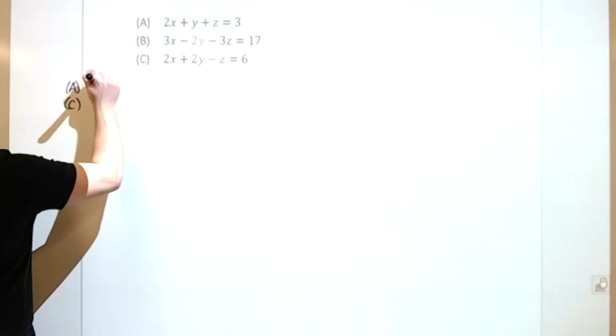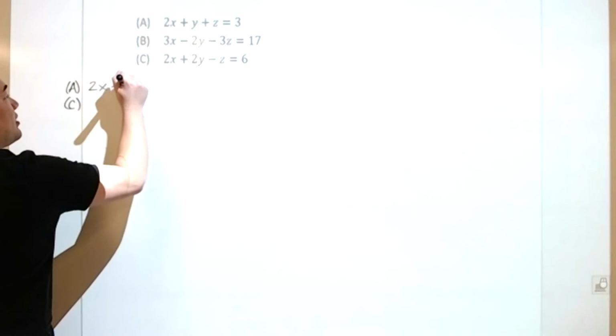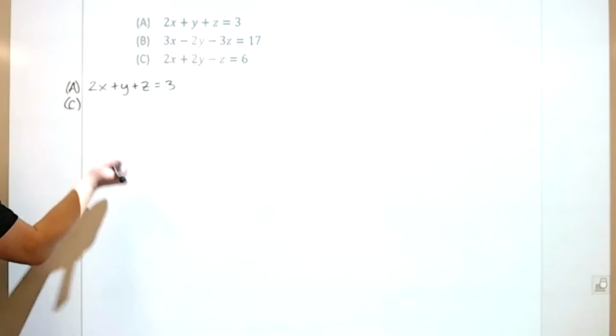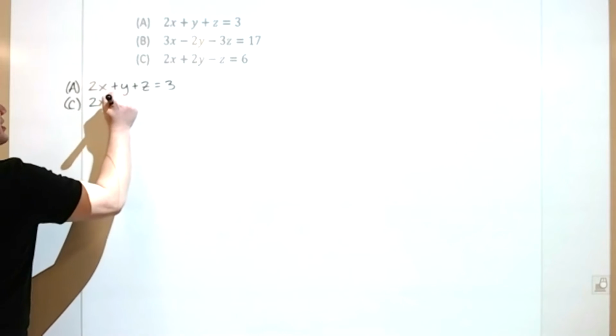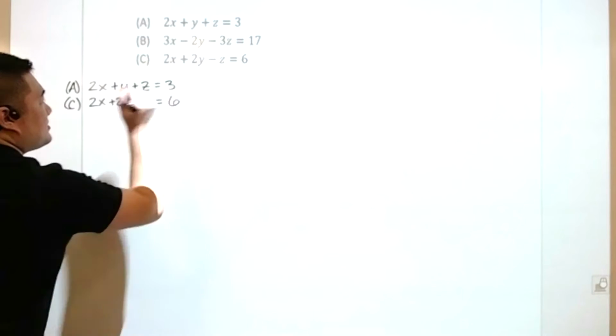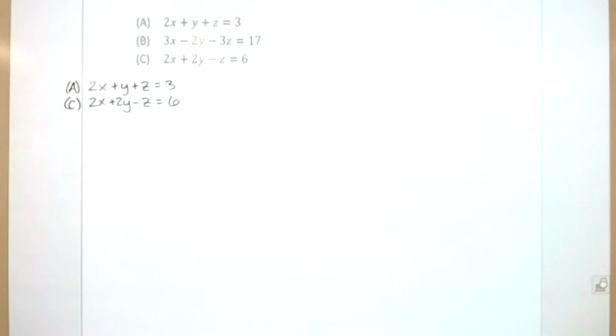Exactly as they are, A is 2x plus y plus z equals 3. And C is 2x plus 2y minus z equals 6. And I've decided to eliminate the x's, 2x, 2x. Since they're the same sign, they're both positive, that means I can subtract.